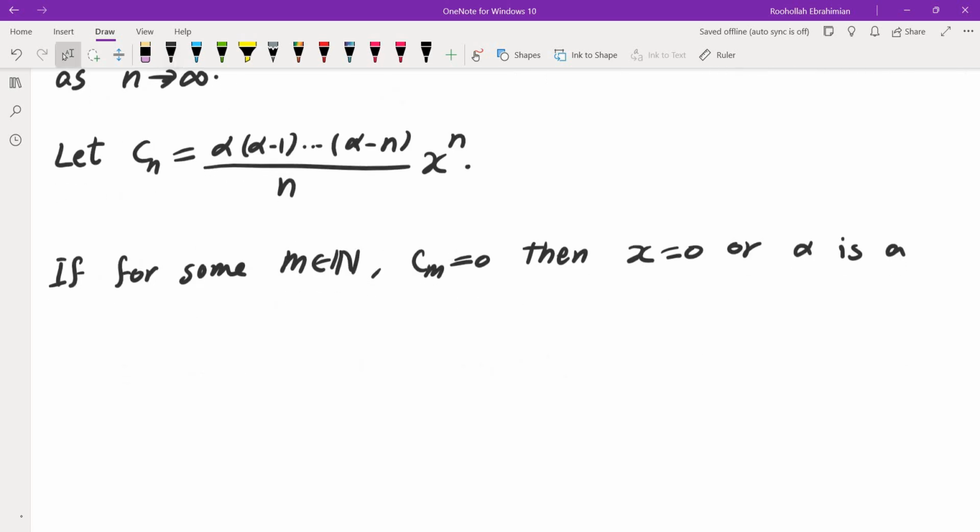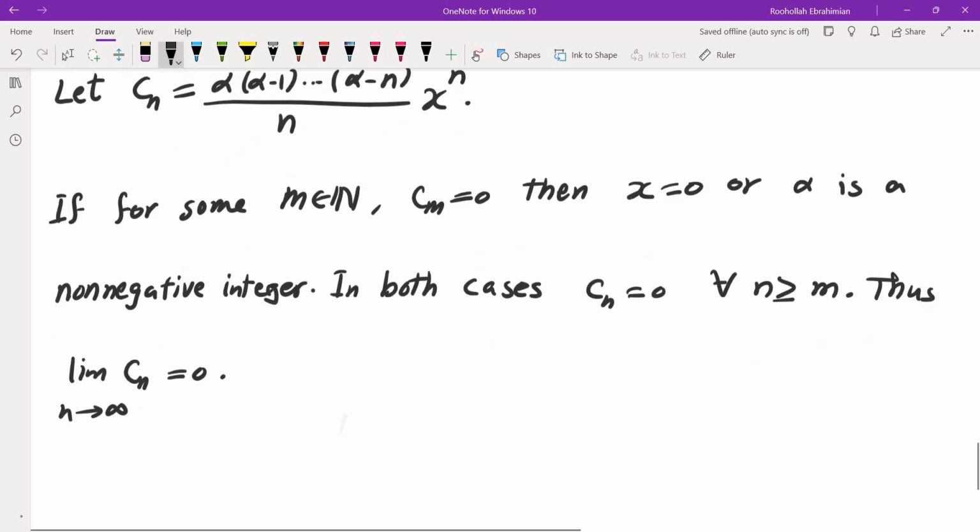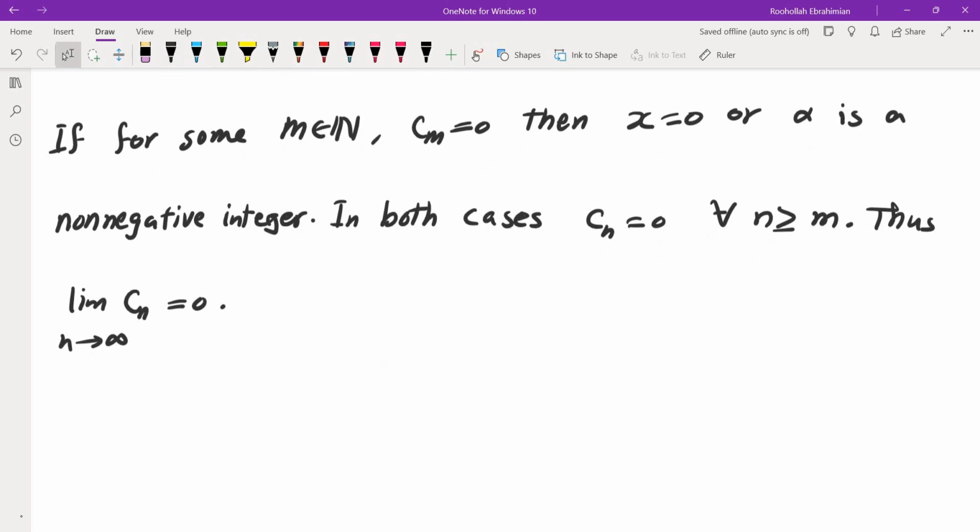Because either alpha times (alpha - 1) times ... times (alpha - n) is 0, or x is 0, or alpha is a non-negative integer. In both cases, Cn would be 0 for every n greater than or equal to m, and thus the limit of Cn is 0 as n approaches infinity. So that's when something in the sequence is 0.